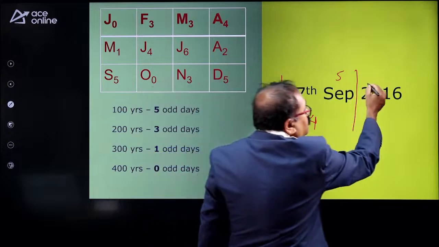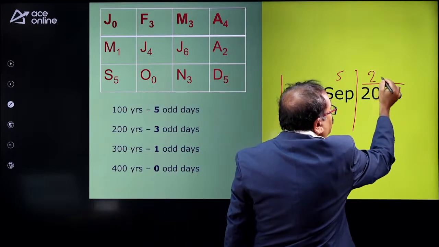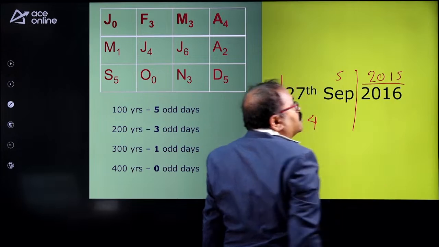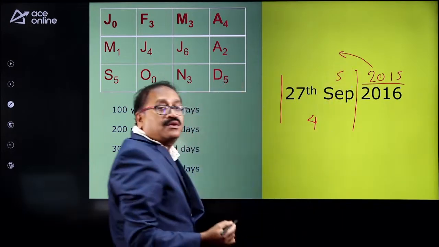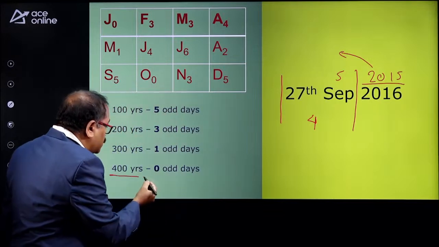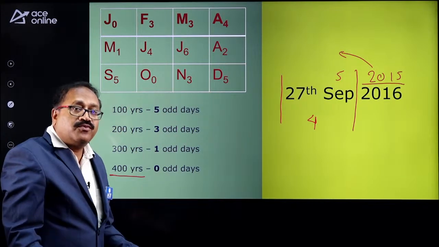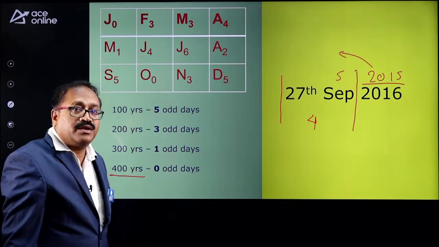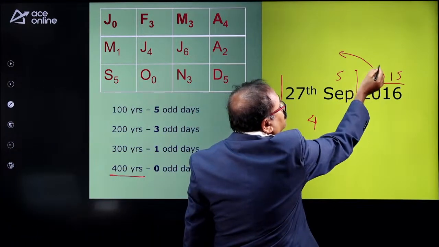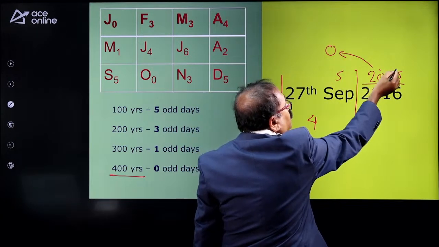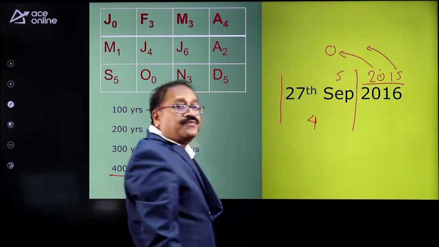Now here I need to find out for 2015. For 2000 century, how many odd days are there here? So every century which is a multiple of 400 will have 0 odd day. So for 2000, you will have the 0 odd day over here. And how many odd days for 15?